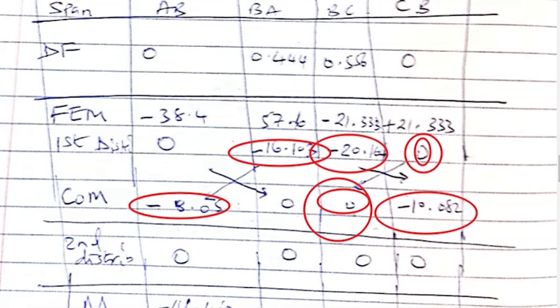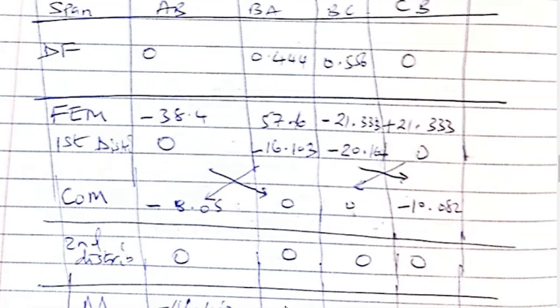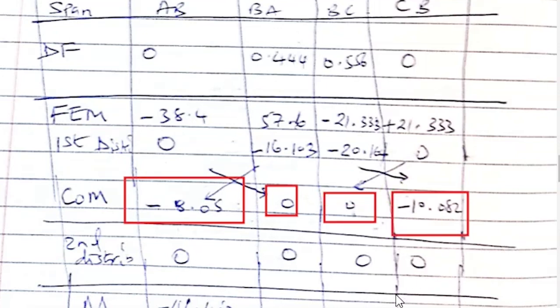Now this 20 should be halfway, should go to 10, and this 16 halfway should go to 8 point something. So we call the carryover moment a half, vice versa, transferred to the joint. Now we can get this value here, and this here 0, this is 0, this is negative 10.